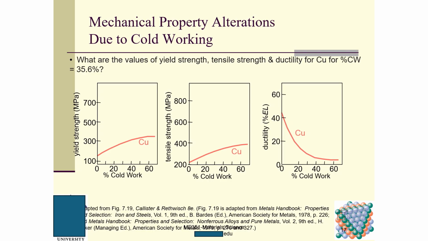Mechanical property alteration due to cold working. What are the values of yield strength, tensile strength, and ductility for copper at different percentages? For the percentage of cold working equal to 35.6%, with cold working the yield strength goes up, the tensile strength also goes up, and ductility goes down monotonically for the three cases.